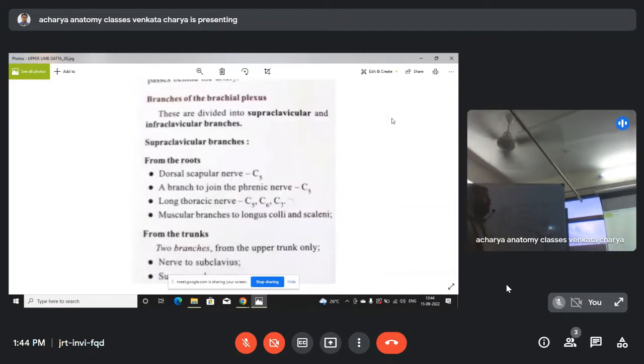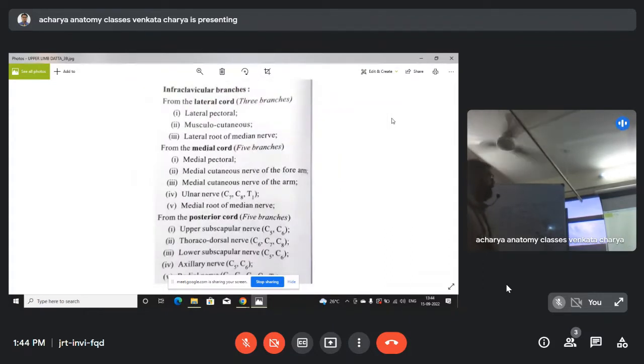First, we discuss the L. L means lateral pectoral nerve. M stands for musculocutaneous nerve. Cutaneous, wherever it comes, supplies the skin.